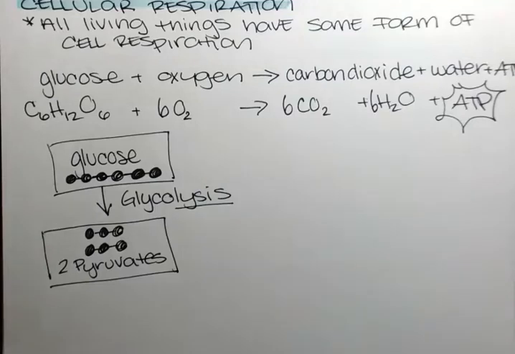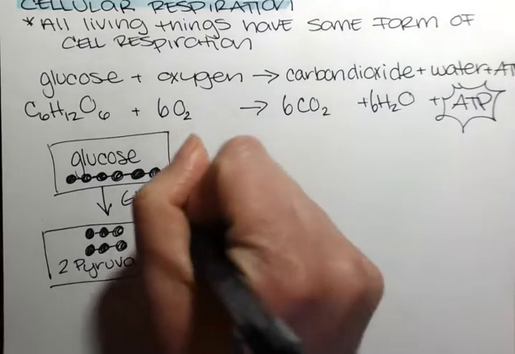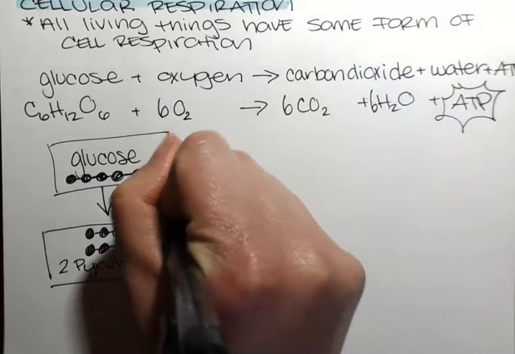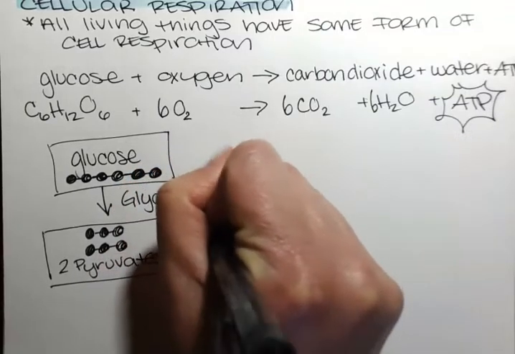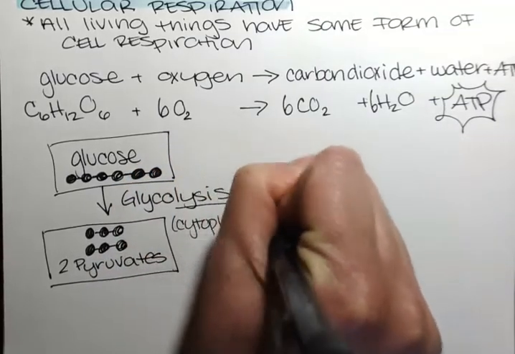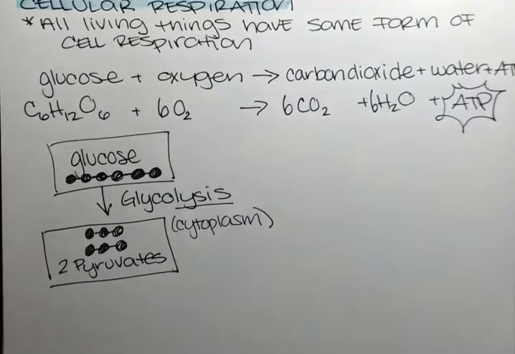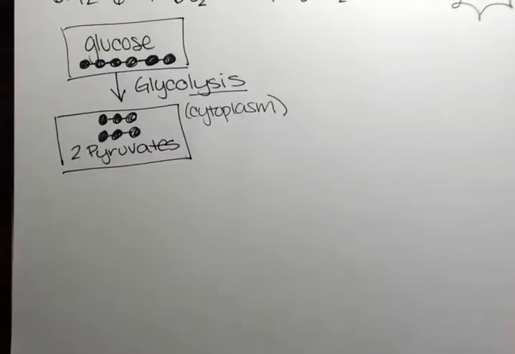Now, this process actually occurs in the cytoplasm, so this is all happening in the cytoplasm. And it also is the first step of cellular respiration for everything on the planet. So all organisms start off with this process, which is also kind of amazing if you think about it. Now from here, we diverge into 2 separate pathways. So there's 2 options.